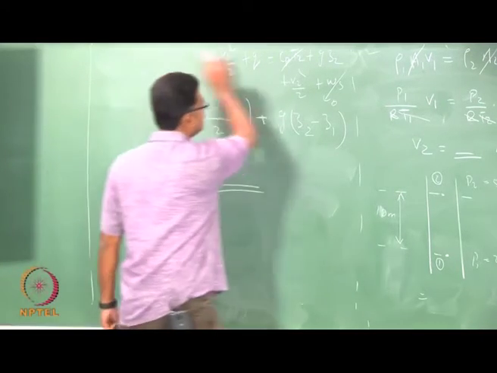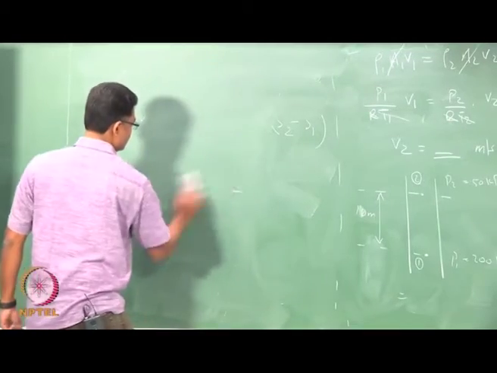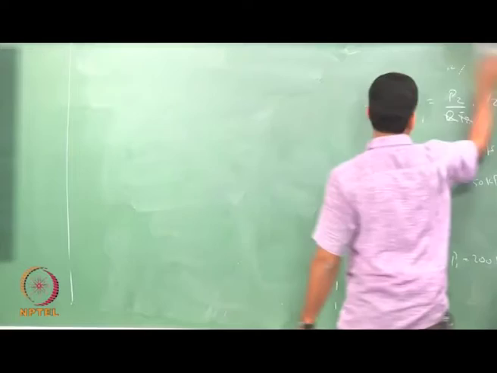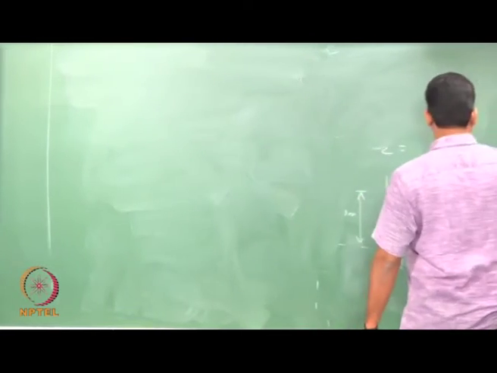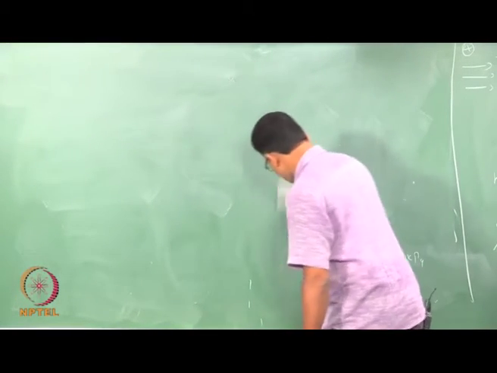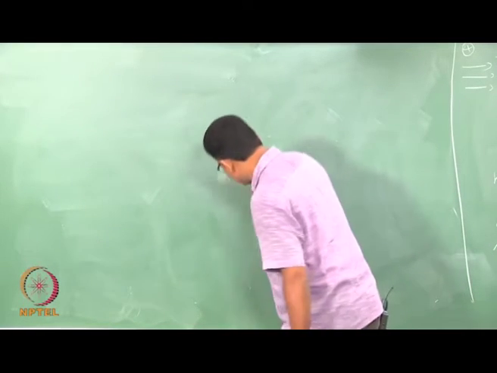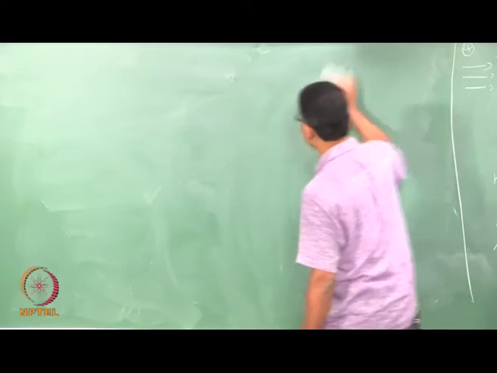Now, let us look at something similar. What we are discussing here is just the mass conservation, the energy conservation and the momentum conservation. These are some of the areas where you could apply these equations which we had derived in the last class.